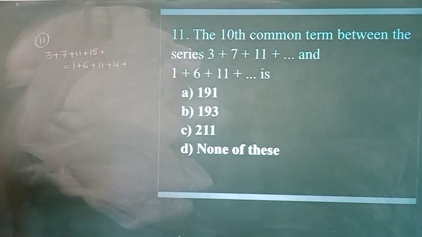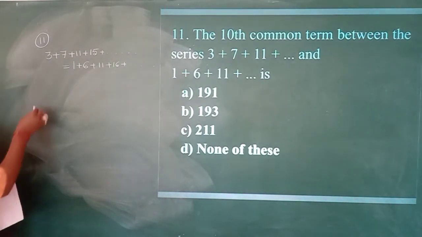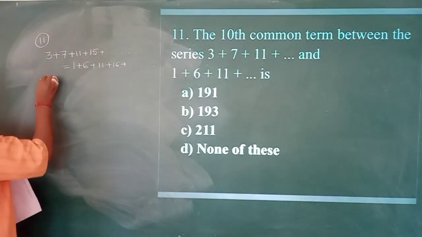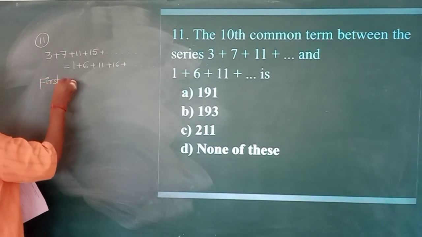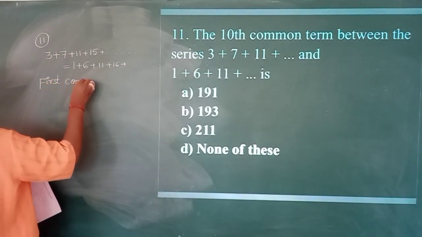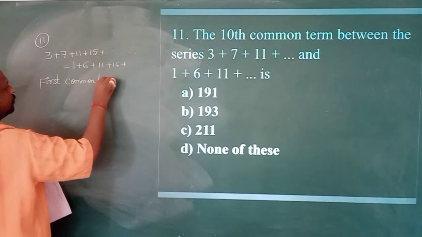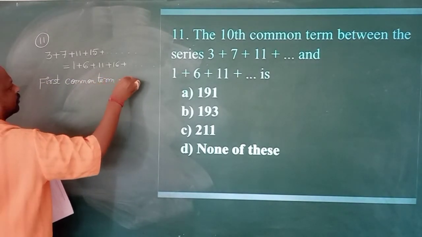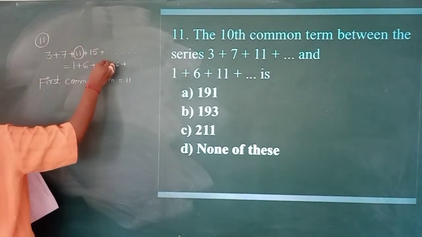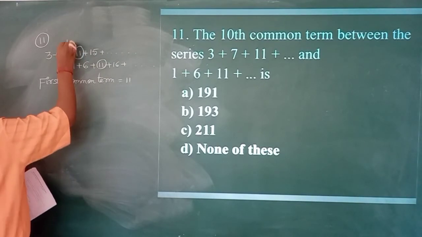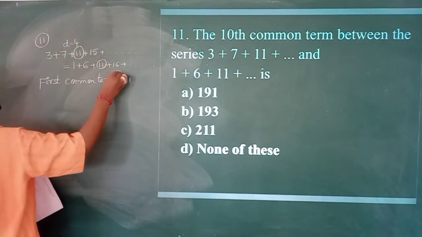The 10th common term between them. So here the first common term is 11. Here d is 4 and d is 5.